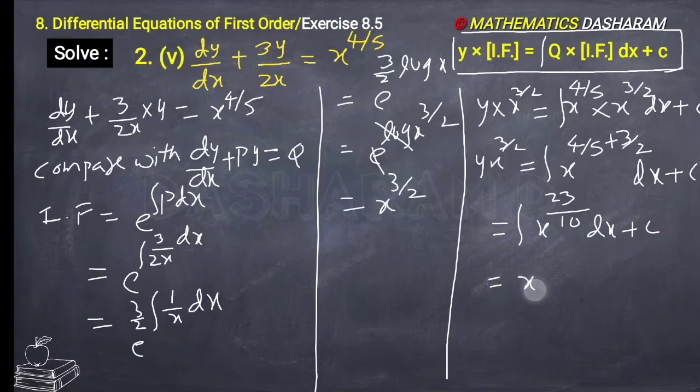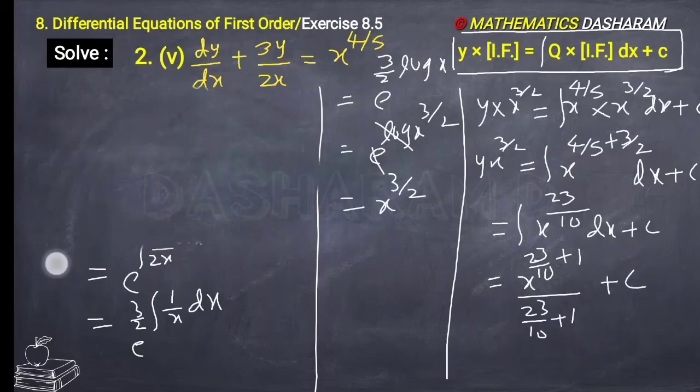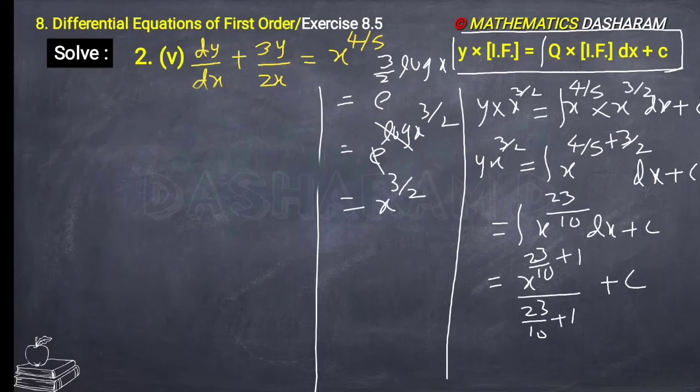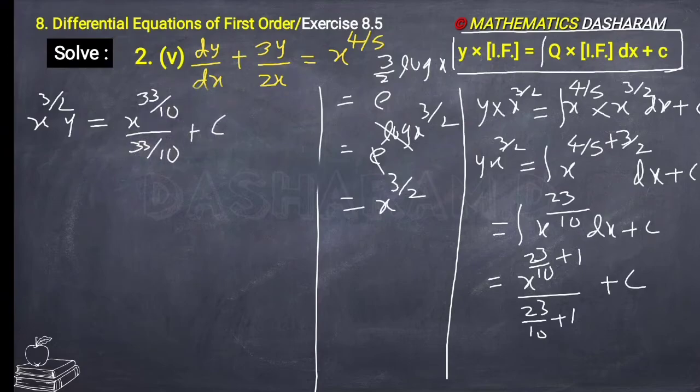Then it is equals to x to the power of 23 by 10 plus 1 divided by 23 by 10 plus 1, plus c. So let us simplify this. So x to the power of 3 by 2 into y equals to x to the power of 23 by 10 plus 1 is 33 by 10, here also 33 by 10, plus c.